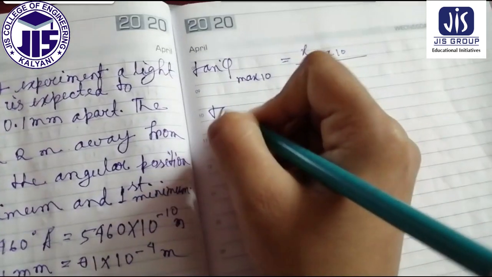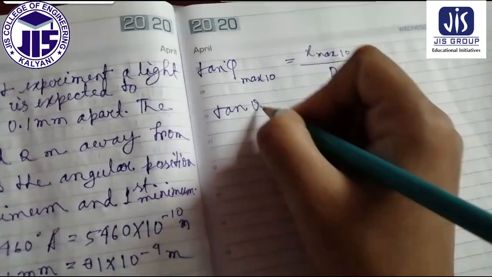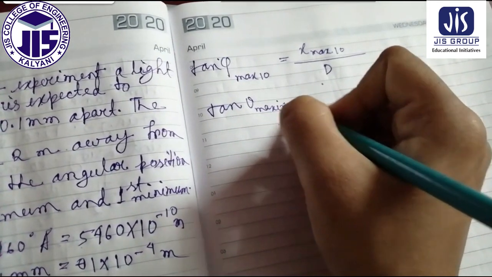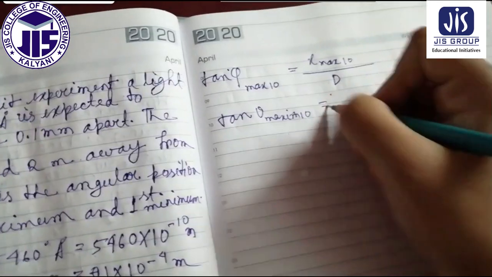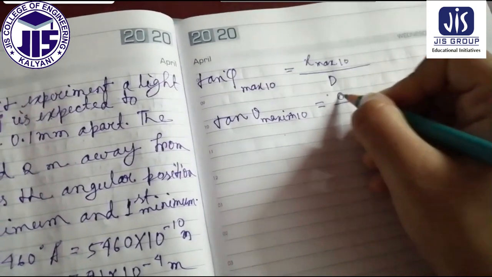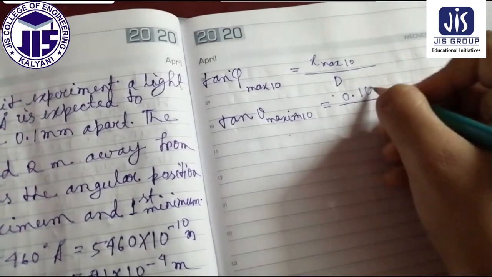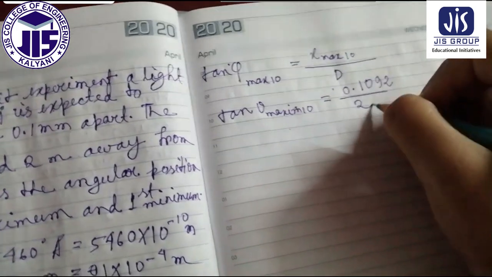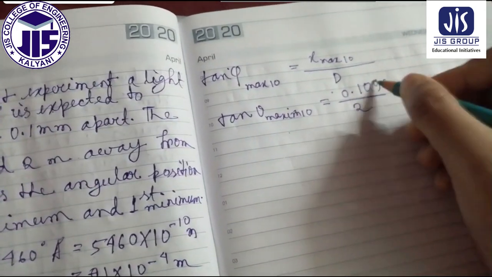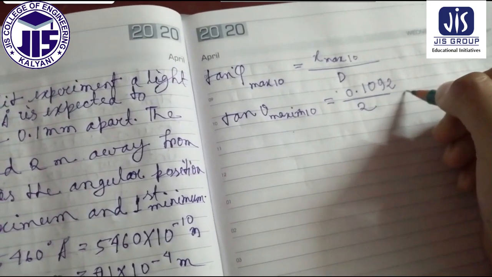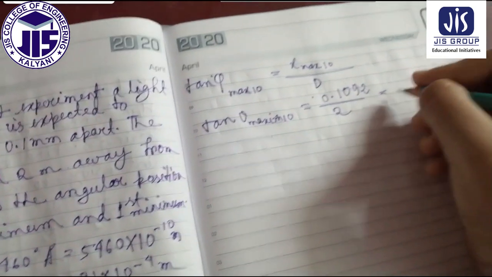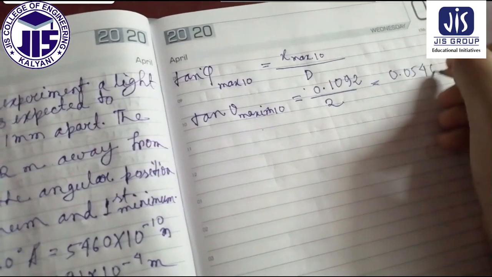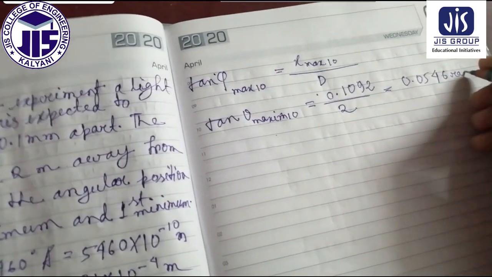Therefore theta maximum 10 is equal to 0.1092 divided by 2. If you do it, then clearly we can see that the value will be 0.0546 radians.